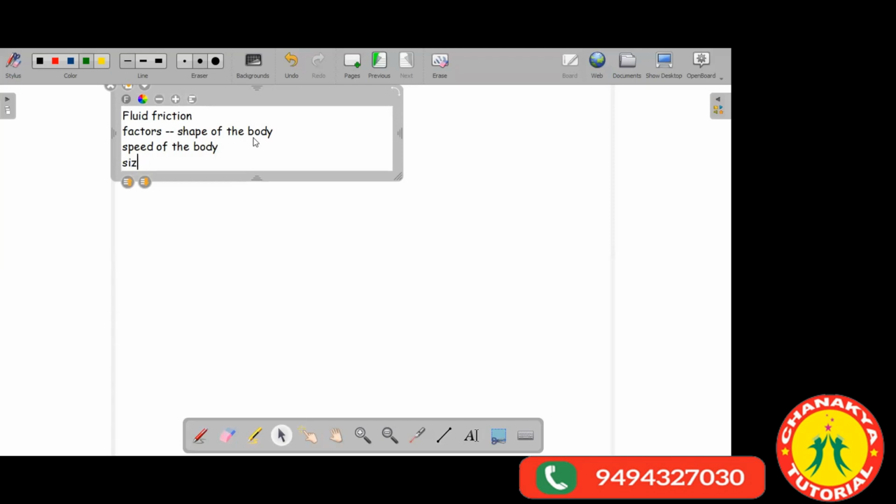So shape, size and speed of the body are the factors on which the fluid friction depends. A combination of all these is given by Stokes law. Let's see what Stokes law says.